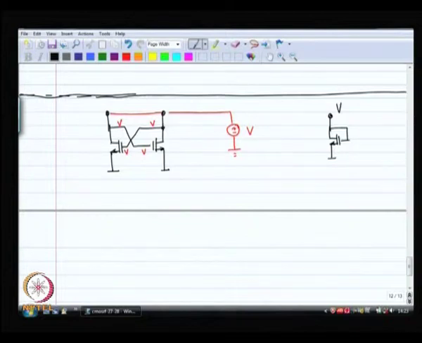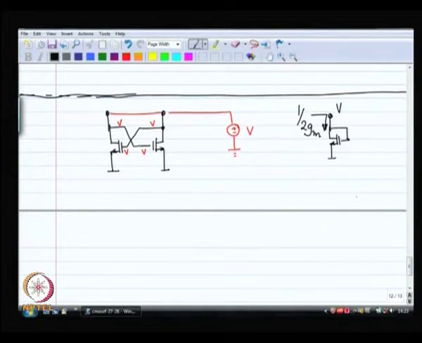Two devices now. Two devices means looking in over here, the resistance that you see is going to be 1 by 2 GM, approximately. You can shunt it with your RDS.